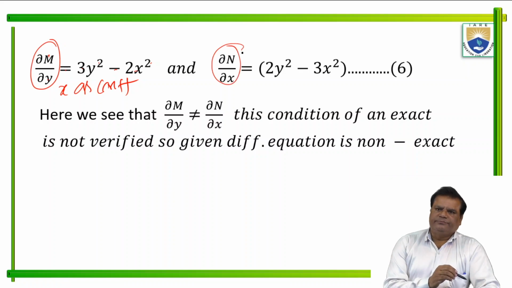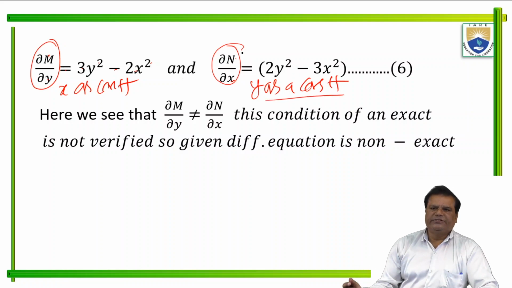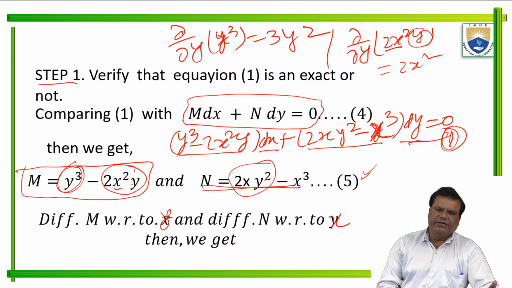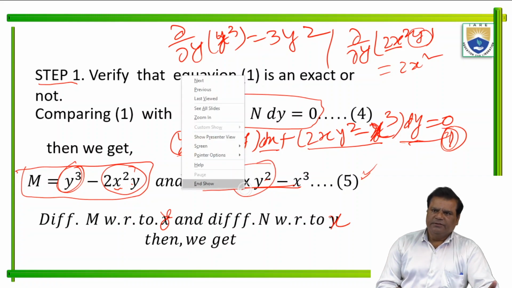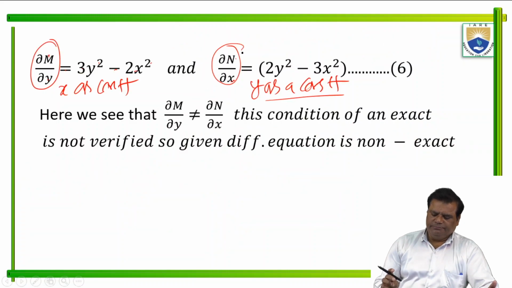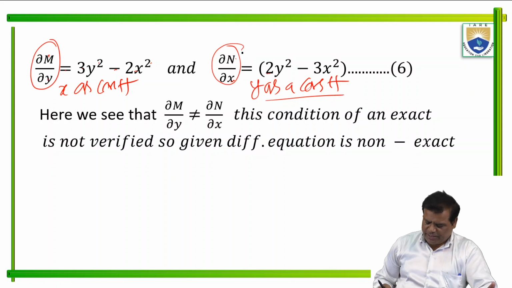Now we differentiate n with respect to x, keeping y as a constant when we differentiate partially with respect to x. What is n? n is 2xy square minus x cube. Differentiating 2xy square with respect to x, the differential of x is 1, so 2y square.